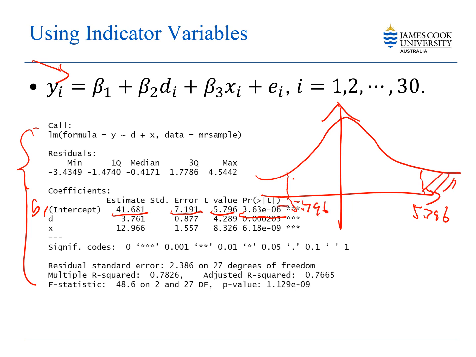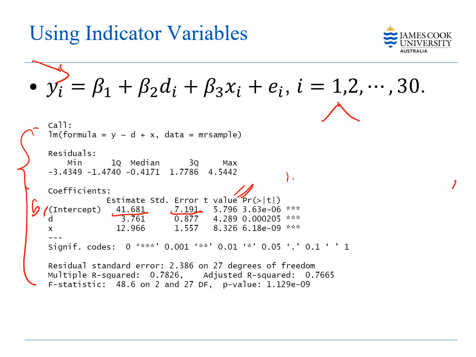The area under these two tails is very small, 3.63 times 10 to the power of negative 6. So indeed, we can reject the null hypothesis that beta 1 is equal to 0. Similarly, for the coefficient of D, which is beta 2, which picks up the average treatment effect.